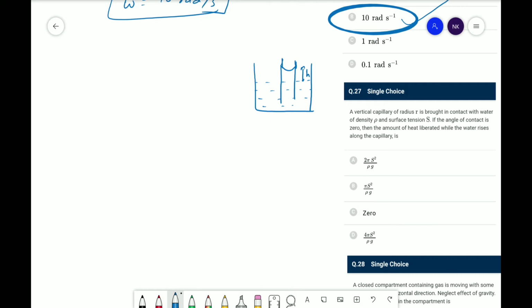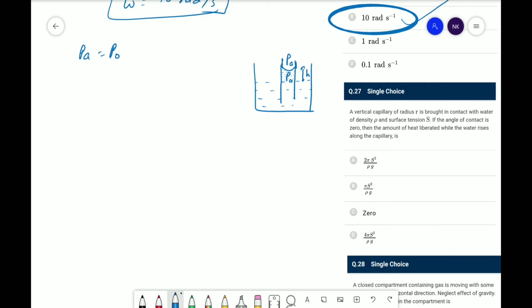Okay, so suppose that water has risen here up to this position. So here you can say this is the pressure outside, this is the pressure inside. So PA will be equal to P0. If PA is not equal to P0, it means the water is still rising.